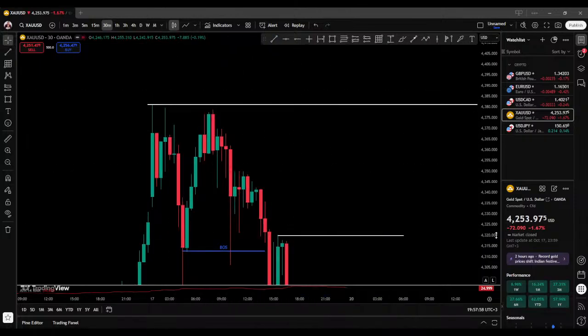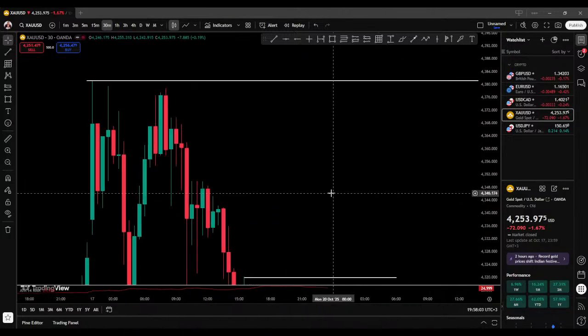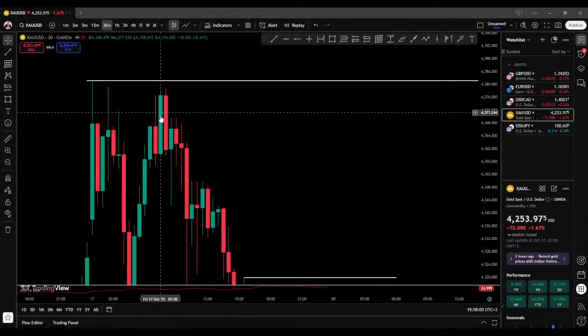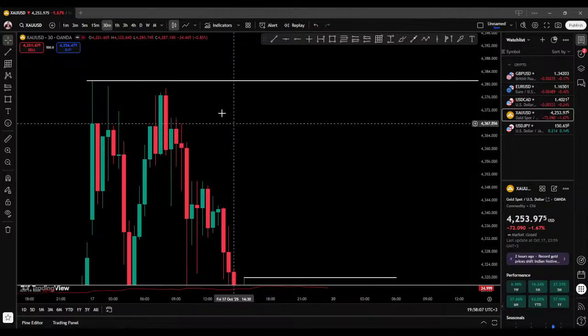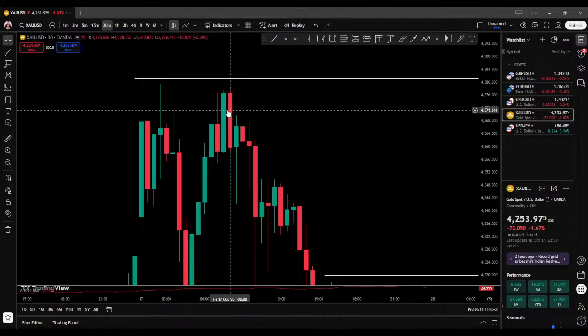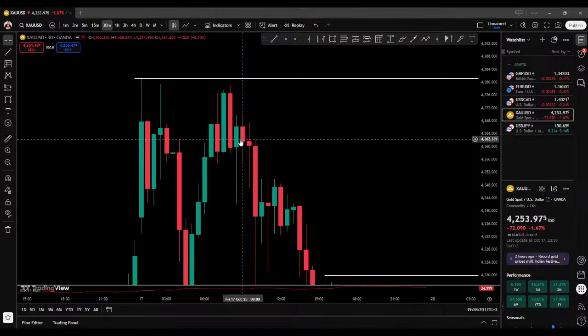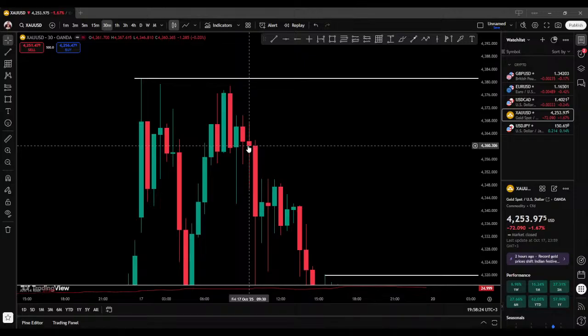Let's make it white. So let us do a little bit of order flow here. This was our order block. This order block was retested by this. This was retested by this, and this was retested by this one.